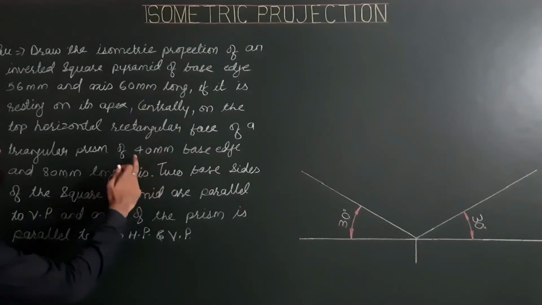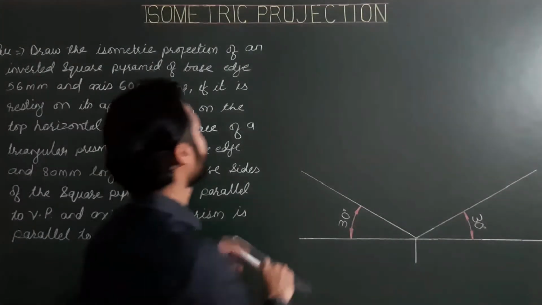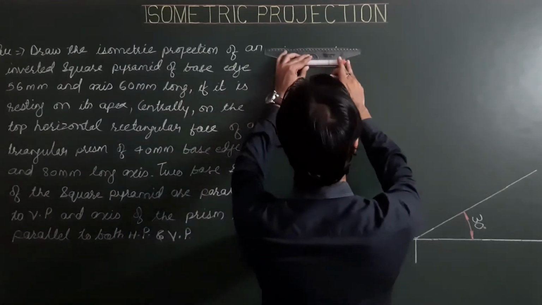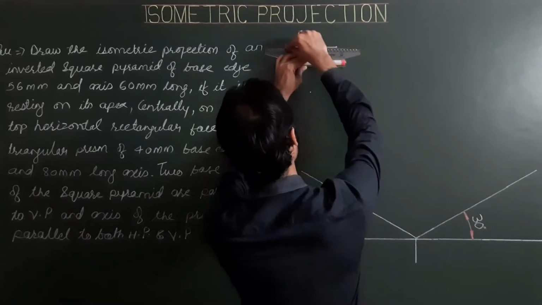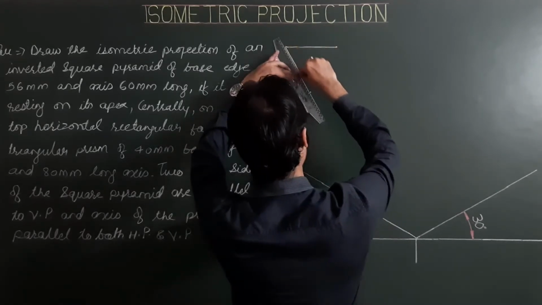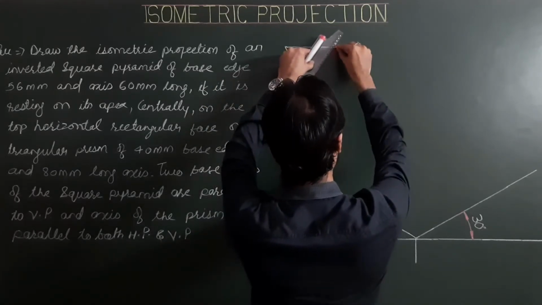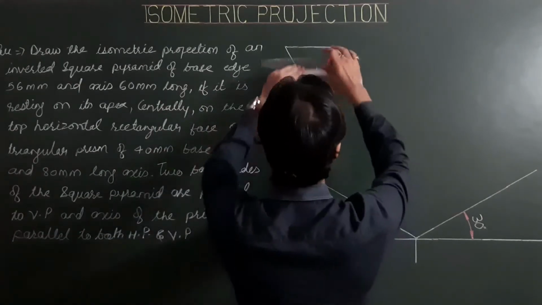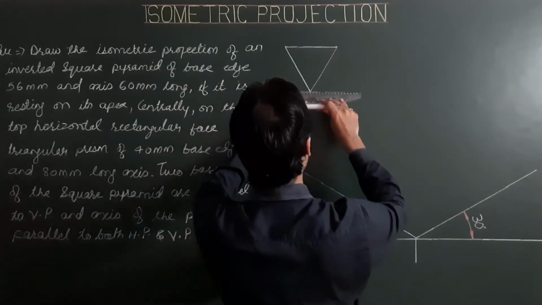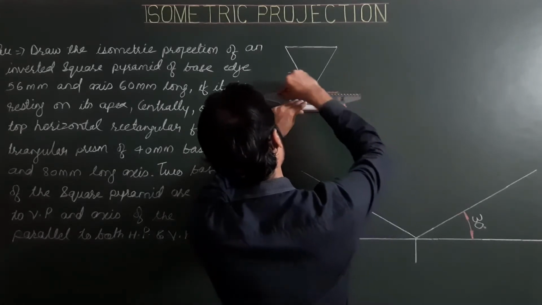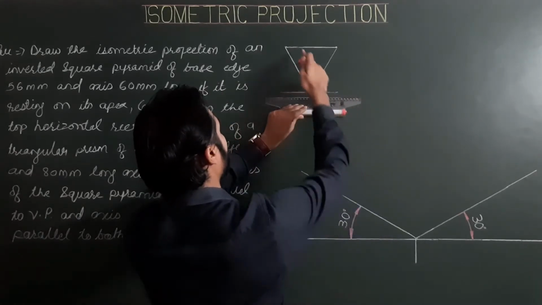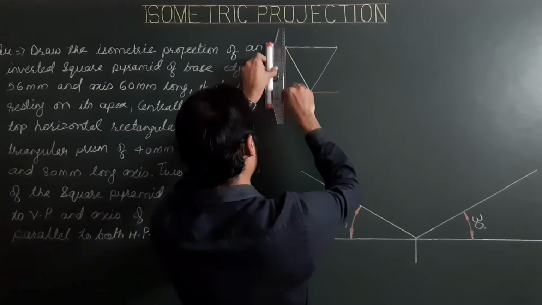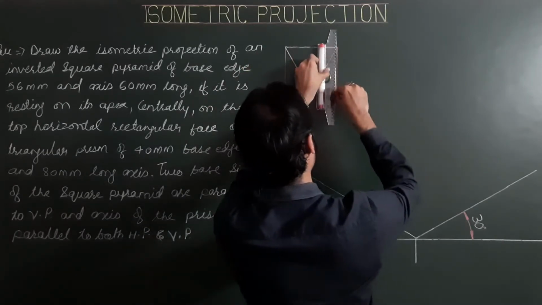So drawing a regular triangle of size ISO 40, and then we have to enclose this triangle inside a rectangular box by drawing lines parallel to and perpendicular to the first or reference base side from all corners of the triangle.